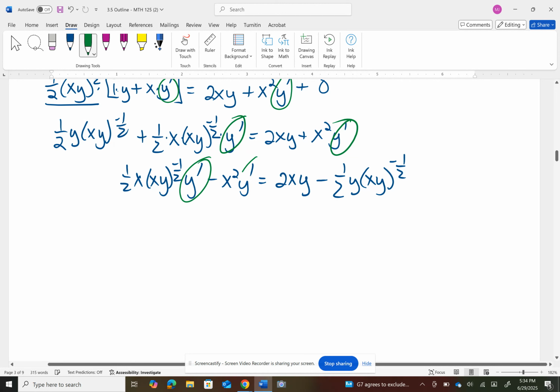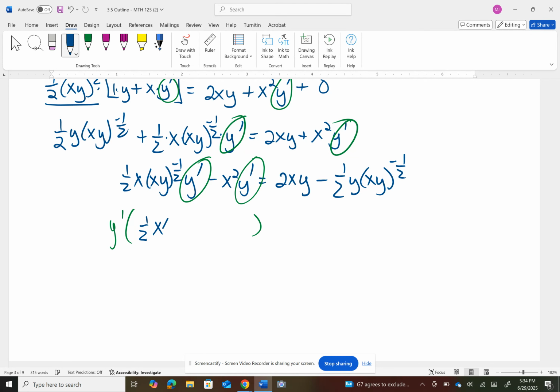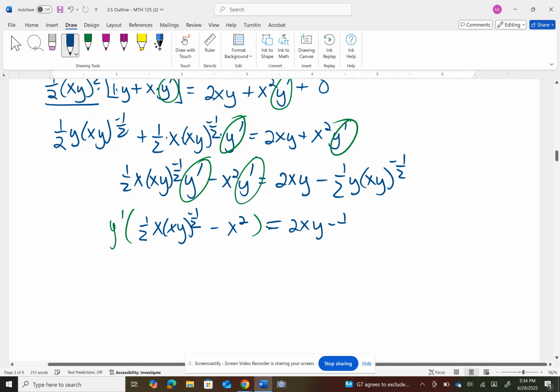Now the y prime can be factored out. And when I factor it out, what's left is a 1/2 x times xy to the negative 1/2 from the first term, and then an x squared from the second term. Okay? And all of that is equaling what's already on that right-hand side.